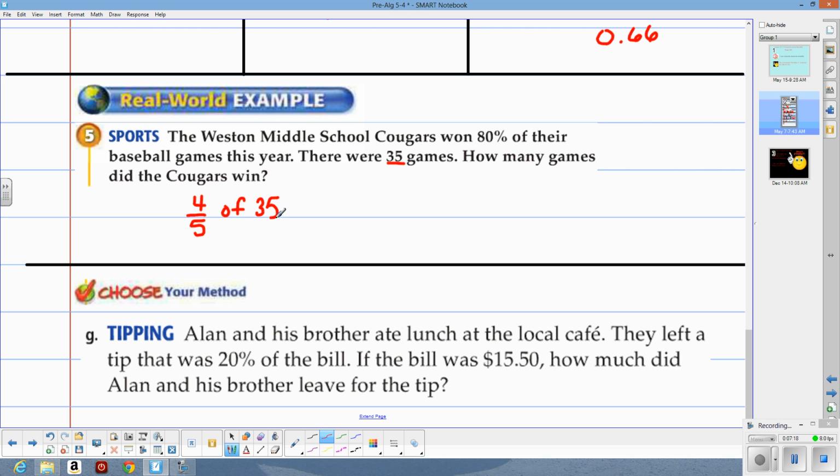Let's first figure out what 1/5 is. 1/5 of 35 means to do 35 divided by 5, which is 7. But then I want 4 of them. So 7 times 4 is 28. So they won 28 games.